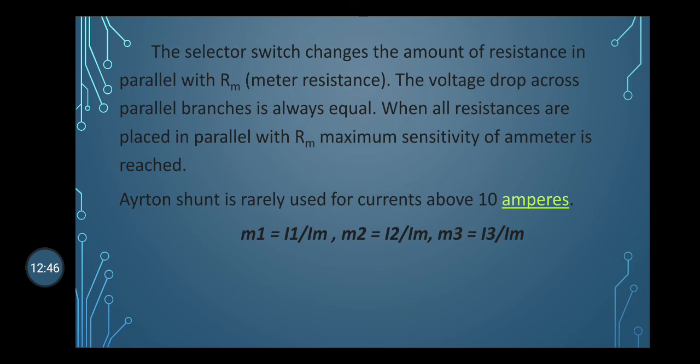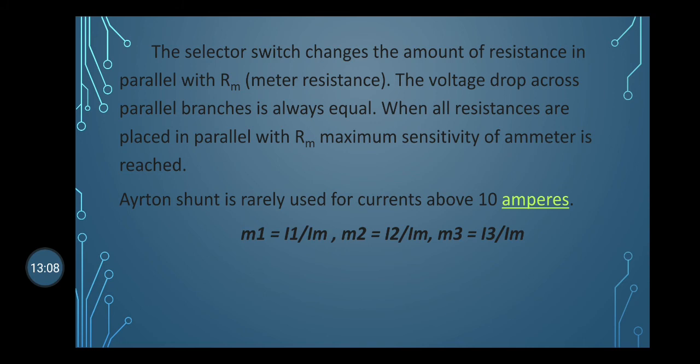Now here the selector switch changes the amount of resistance in parallel with Rm, that is the meter resistance. The voltage drop across the parallel resistance is always equal when all resistances are placed in parallel with Rm.